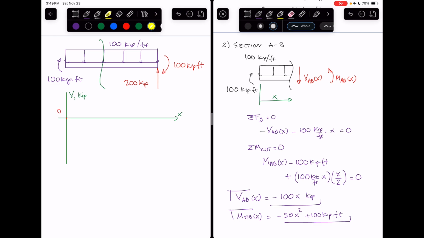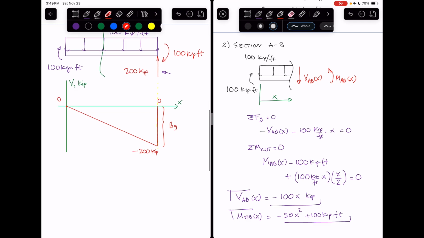And following my graph, I go to the next discontinuity at B, which after 2 feet results in minus 200 kip. Because there is a point load at B, this causes a jump on my shear diagram of 200 kip, landing back at 0. This is, in effect, B_y.